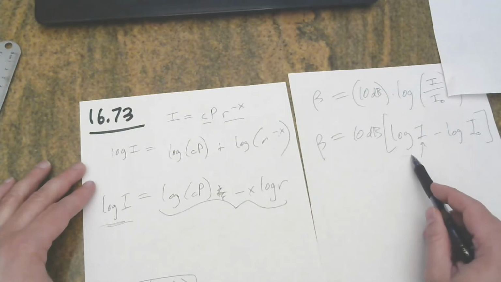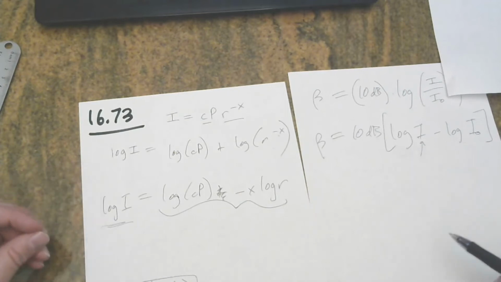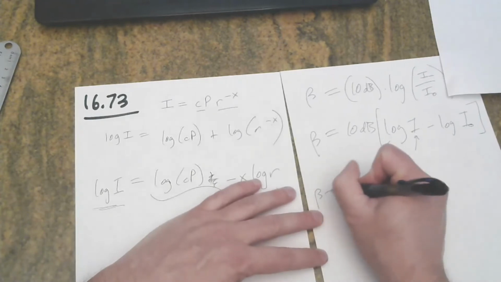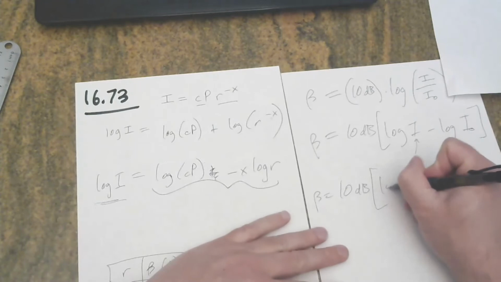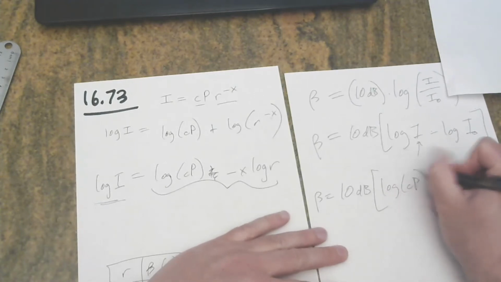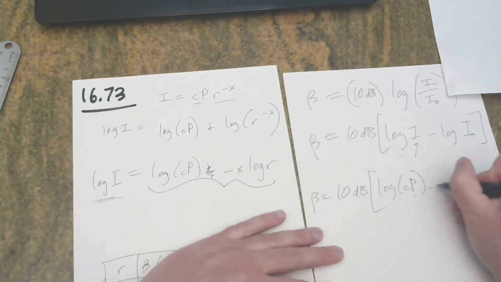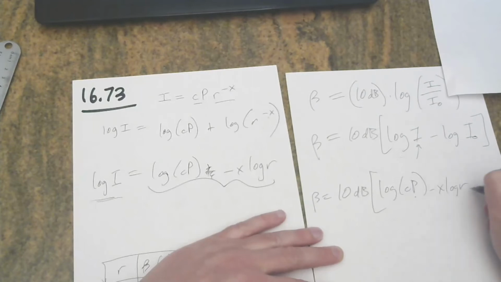Now, again, that doesn't necessarily make it true. We're trying to model a particular dependence of intensity on distance with this function.